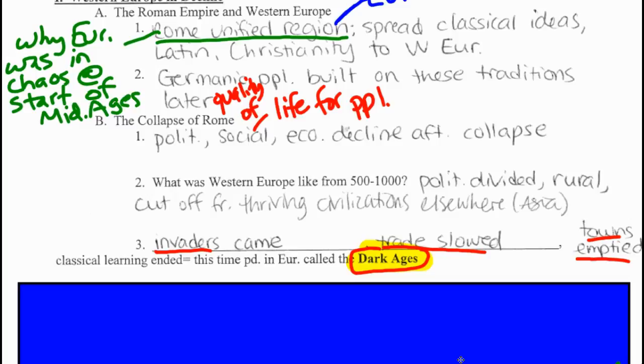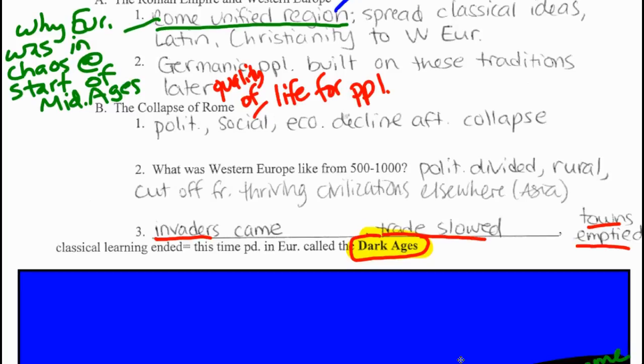And remember, that term was not created during the Middle Ages. It was actually created in the early Renaissance by someone who was looking back at the centuries before the Renaissance, and in contrast to the Renaissance, this time period seemed dark.